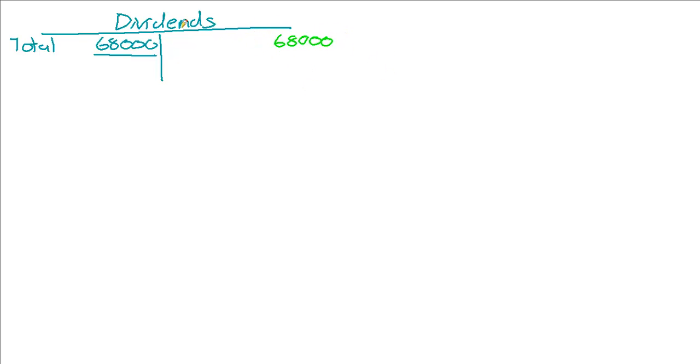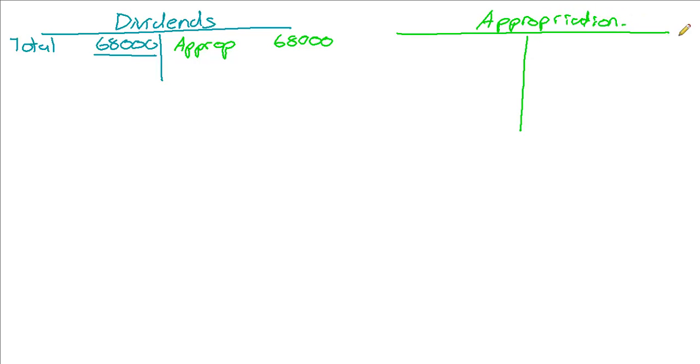To close off this debit, we need to record a credit of 68,000 Rand, and we're going to take this to not the profit and loss account but the appropriation final account. So if you draw your appropriation account, here we go, you'll see just now that we will be closing off our profit and loss to the appropriation account as well, but we've got a credit on dividends, so we'll have to record a debit on my appropriation account of 68,000 Rand, and that's going to be referring me back to the dividends account.